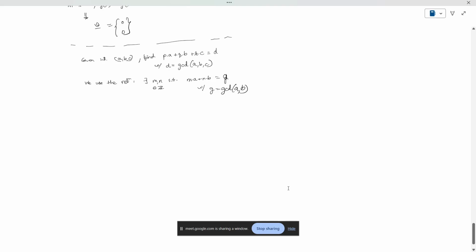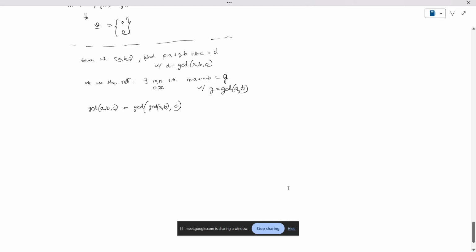Right? So we use this, and we also use the fact that gcd of a, b, c is nothing but gcd of gcd(a, b) and c. So the greatest common divisor for A, B, and C, all three of them, has to be the same as the GCD of C and whatever GCD comes out of A and B.